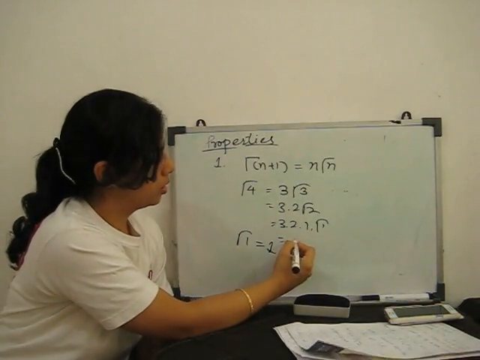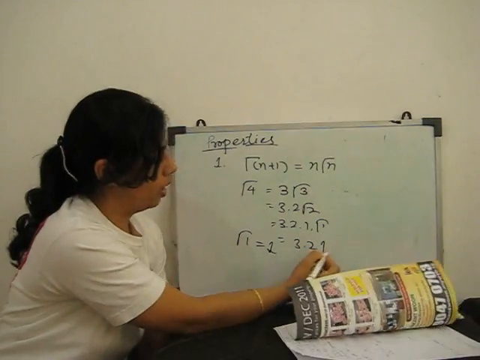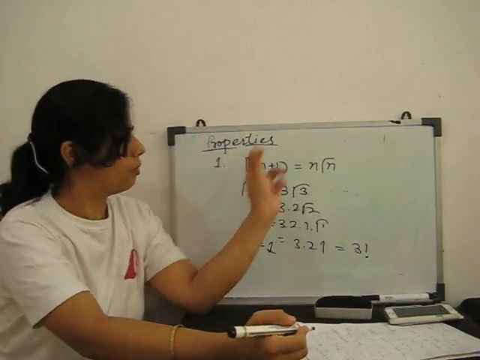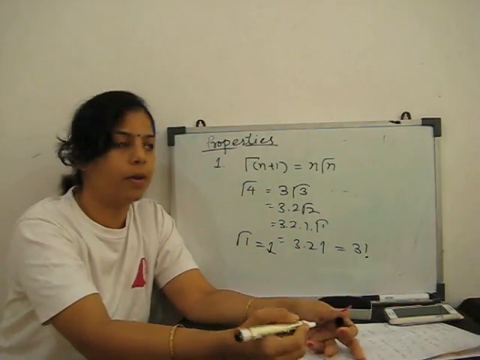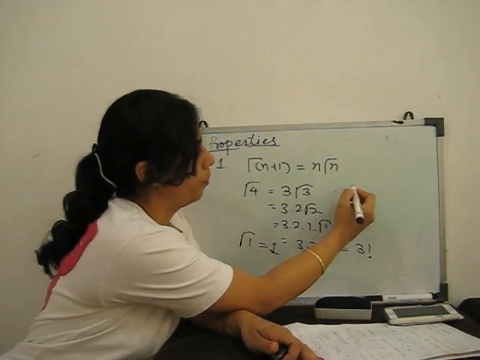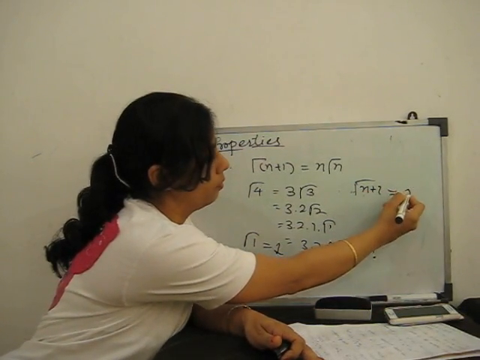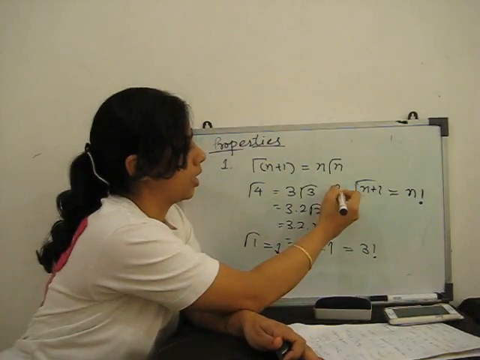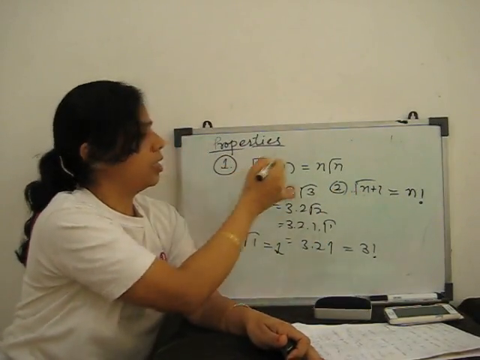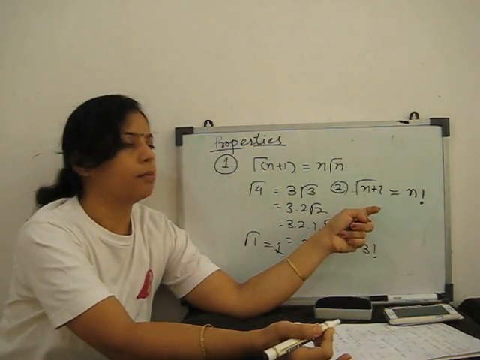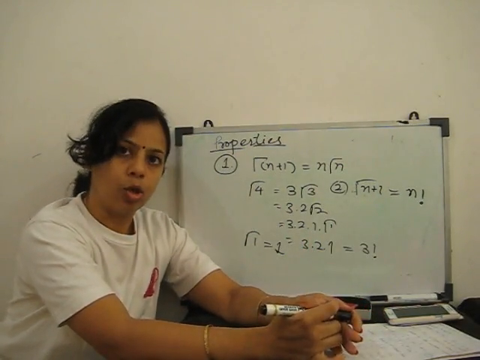So it is 3 into 2 into 1, which means factorial 3. This is another important property: gamma of n plus 1 is equal to factorial of n. So the first is gamma of n plus 1 is n gamma n, or we can say gamma of n plus 1 is equal to factorial n.